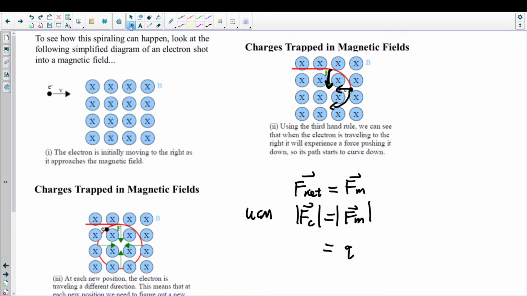That is the charge of the particle times the strength of the magnetic field, and it must equal mv squared over the radius.